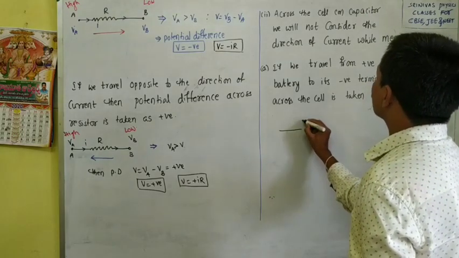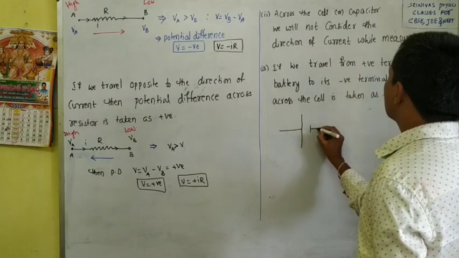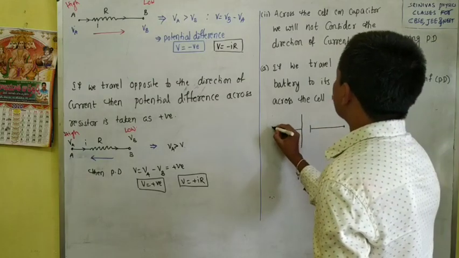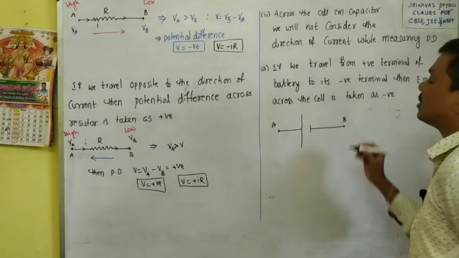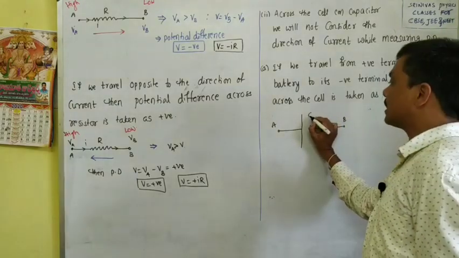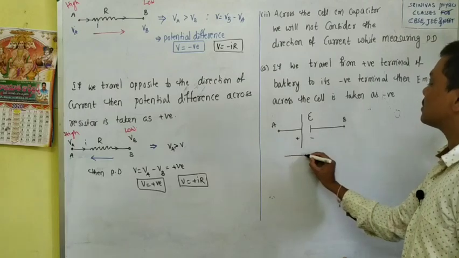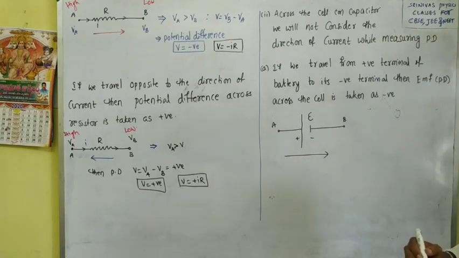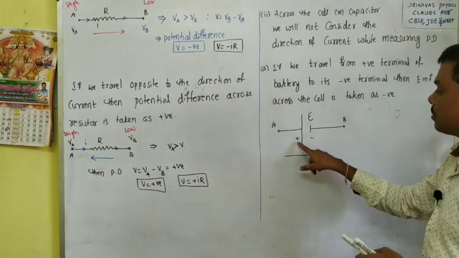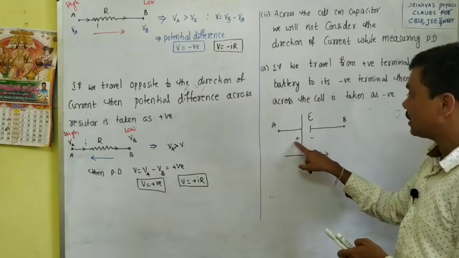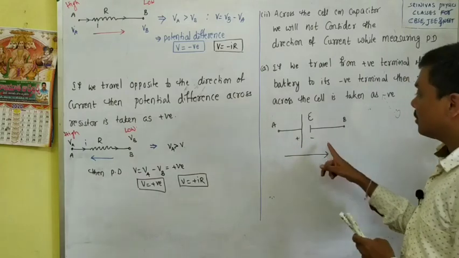Example I will tell. This is the cell. This is point A and this is point B. Whatever the direction of the current, its EMF we can take as E. Now this is the positive terminal and this is the negative terminal. I am traveling from positive to negative, A to B, right? Positive is high potential, negative is low potential, so I am traveling high to low. Then what happens to the potential difference?